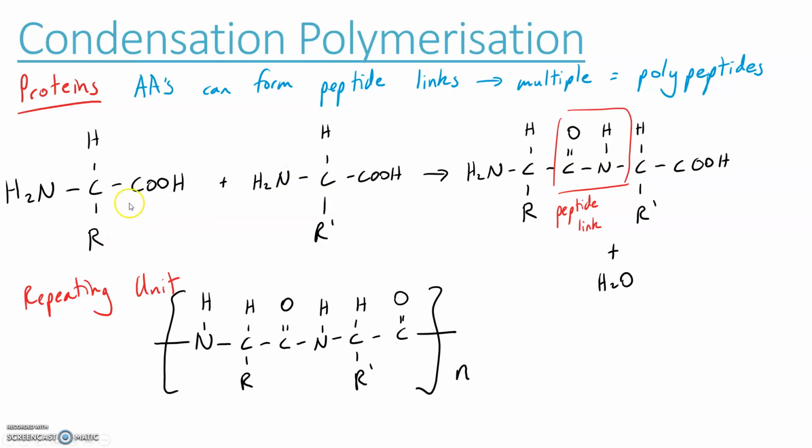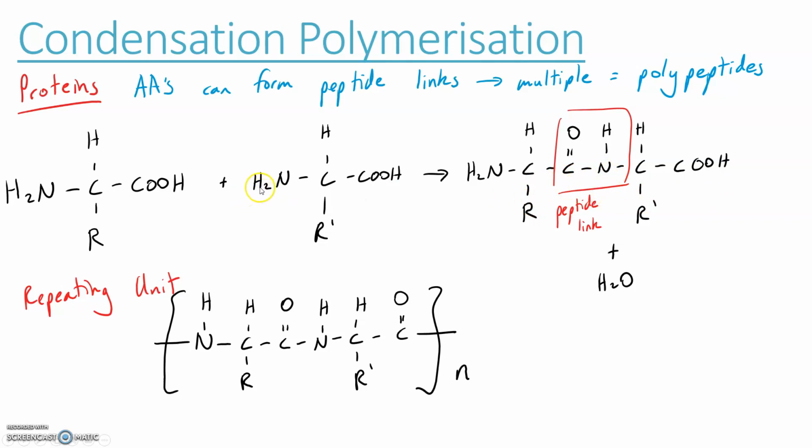Well, if you have two different amino acids, so like two different alkyl groups, a different alkyl group here than we have here, then we're taking out one of the hydrogens from this NH2 and the OH here. And we're getting this carbon bonding to that nitrogen. So we get our peptide link that forms over there. And if we're just bonding two of them together, then this is what it would look like here.